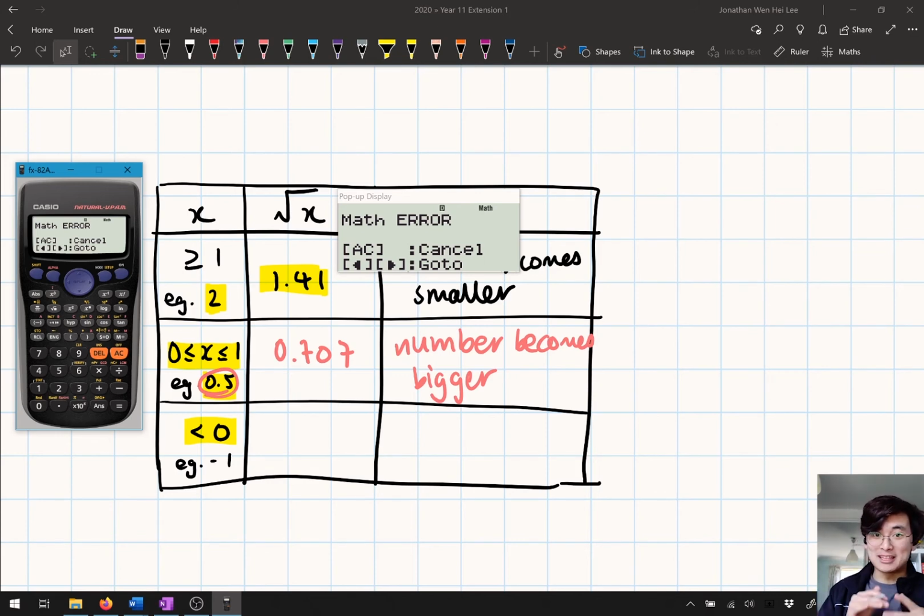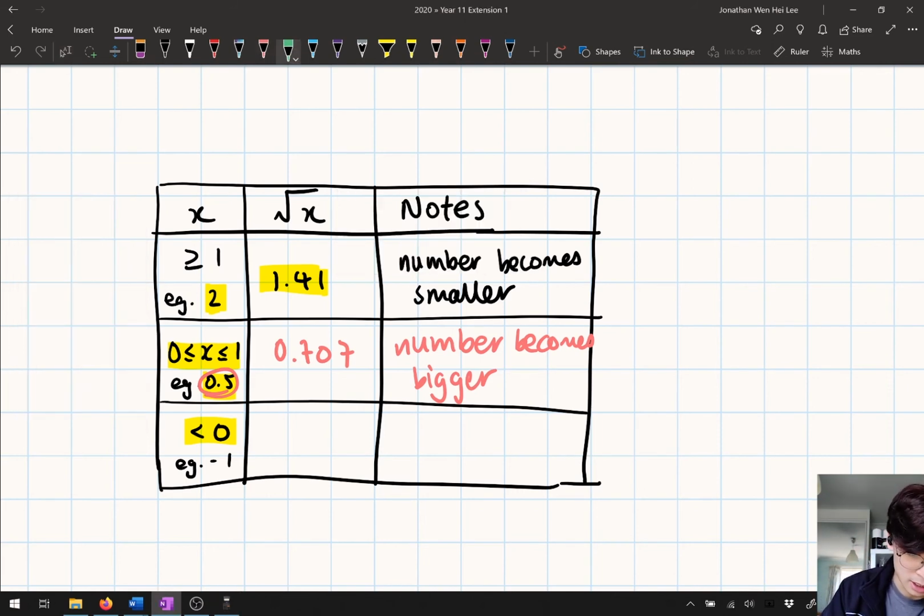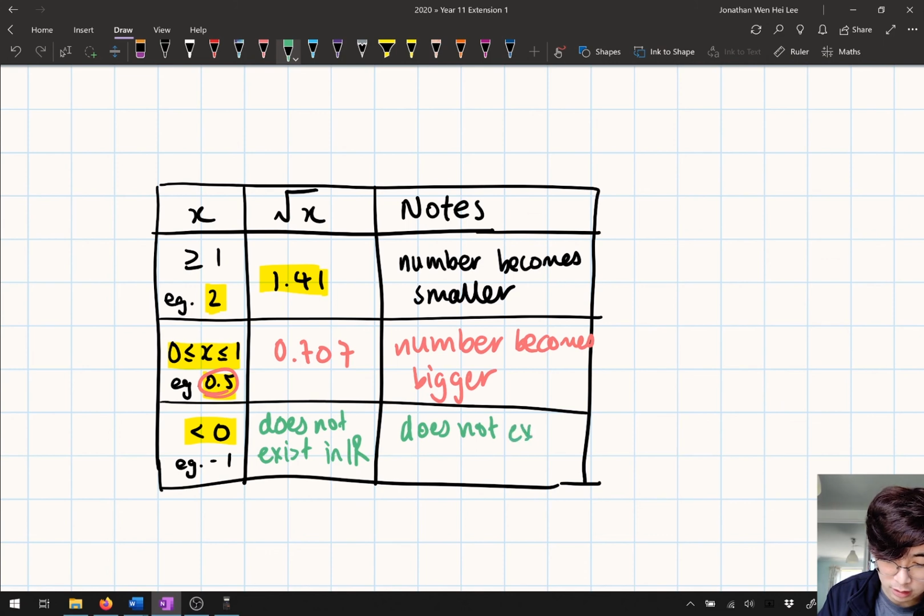So when we put a negative number into our square root, we don't get a value. It does not exist in the real numbers. We are not dealing with complex numbers in this course at all. So when our number is less than 0, it does not exist. It's just not there.